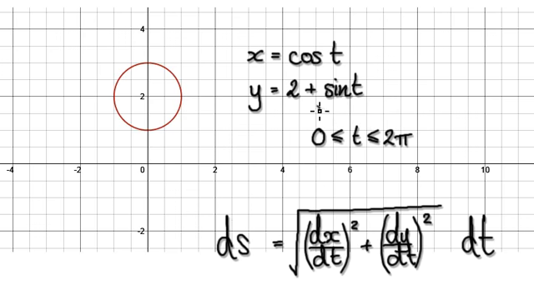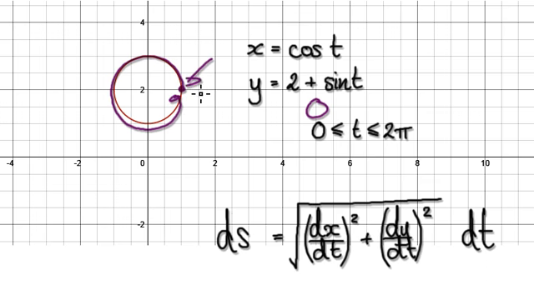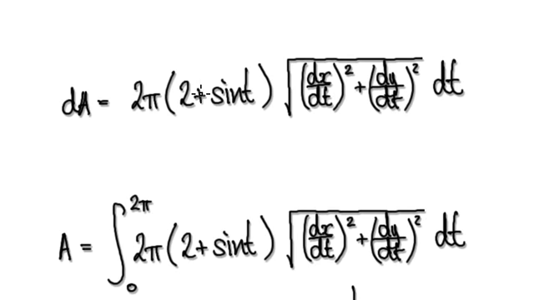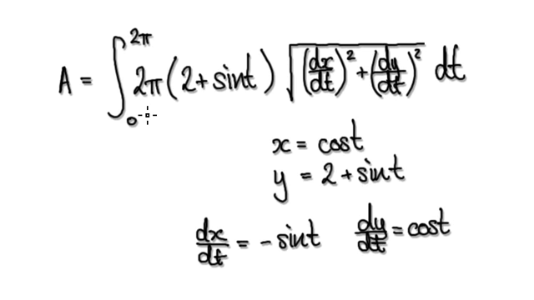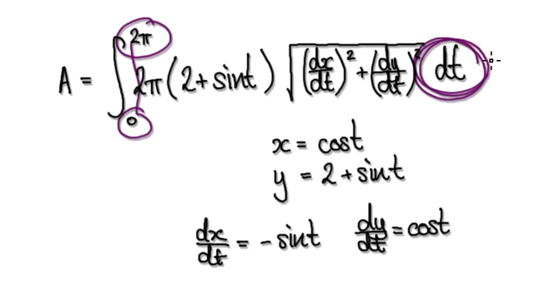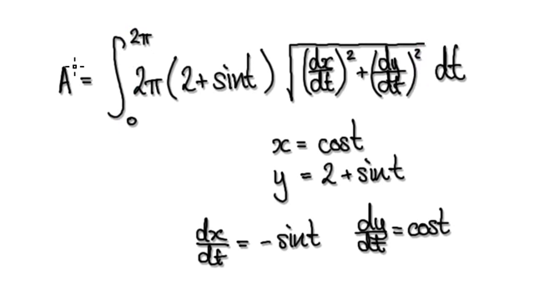When time starts at 0, it's here. When time gets to 2 pi, it does one complete revolution. So your integral is from 0 to 2 pi. Anyway, the surface area is given by this.